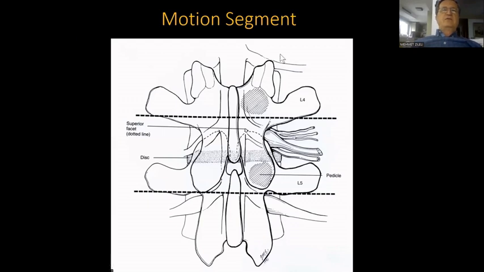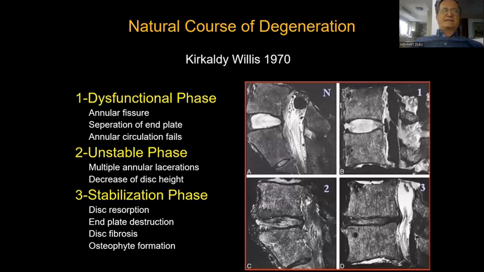If we look at the concept of the motion segment, it is a combination of two facet joints and one disc. That motion segment starts to degenerate from the disc, then the facet joints, and the body tries to correct it.